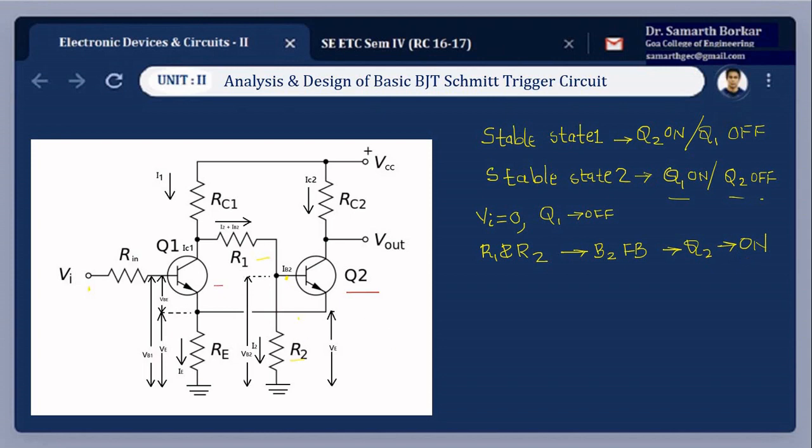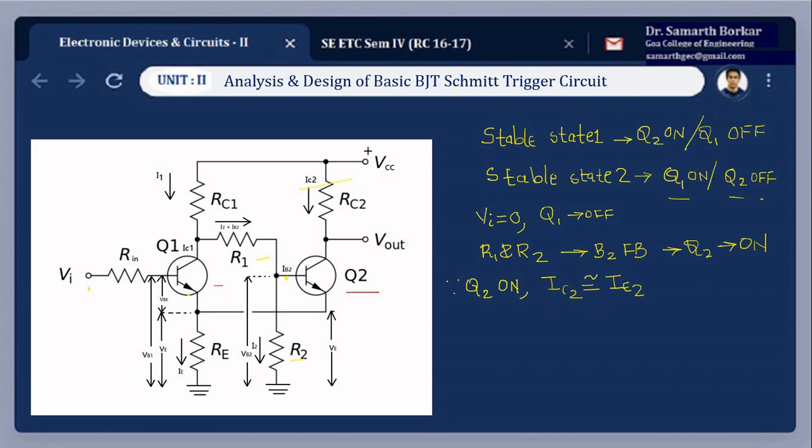Since transistor Q2 is on, there will be a tremendous amount of current passing through it. We'll mark this current as IC2. The current IC2 is the current passing through the collector terminal of transistor Q2. Now from the fundamentals we know that collector current is as good as emitter current. So IC2 is as good as IE2.